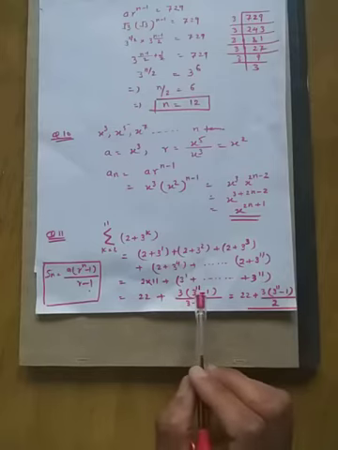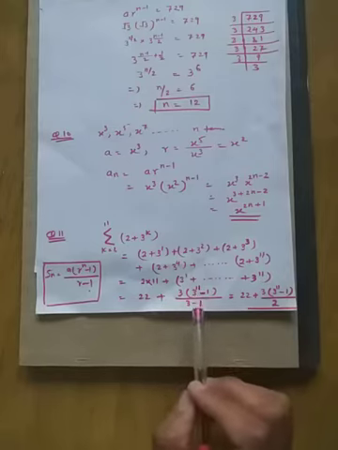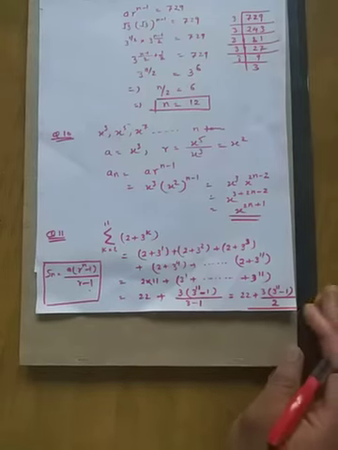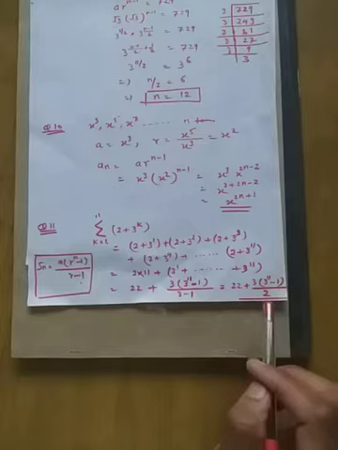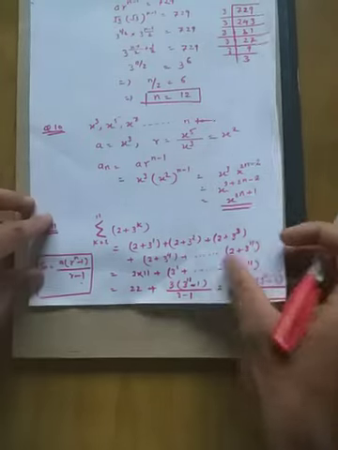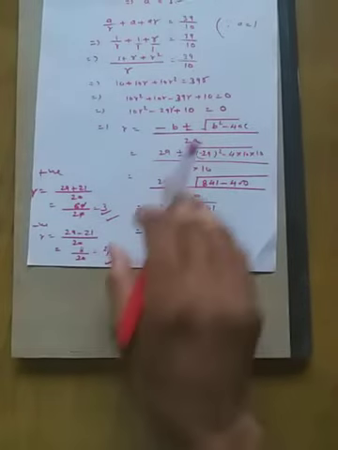Therefore, a into r to the power n minus 1 upon r minus 1 equal to 22 plus 3 into 3 to the power 11 minus 1 upon 2. Right? Okay.